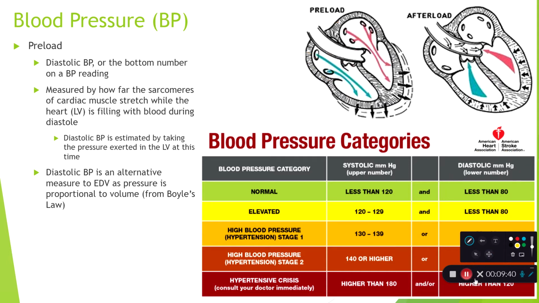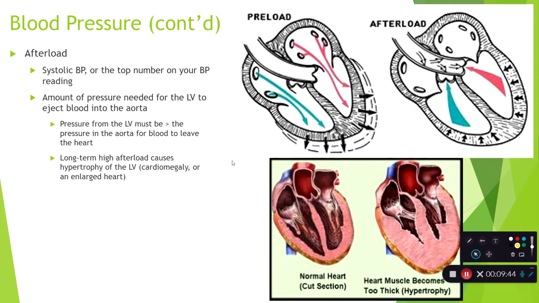Now, when we get into the next slide here, afterload is measuring how much pressure it takes for the heart, and specifically the ventricles, to contract to get blood to go outside of the body. Now, you would typically measure this independently for both your right ventricle and your left ventricle.